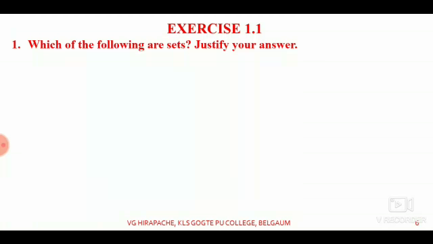Dear students, we are going to solve the 1 mark questions from exercise 1.1. Let me take the questions one by one. Which of the following are sets? We have to justify our answer for the given question.